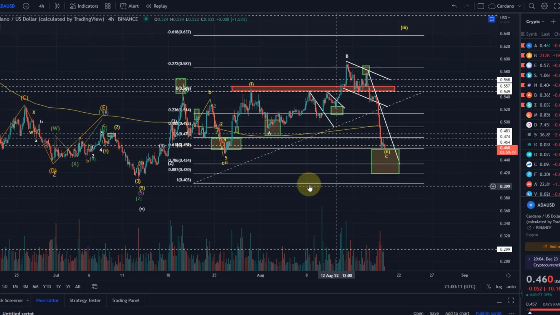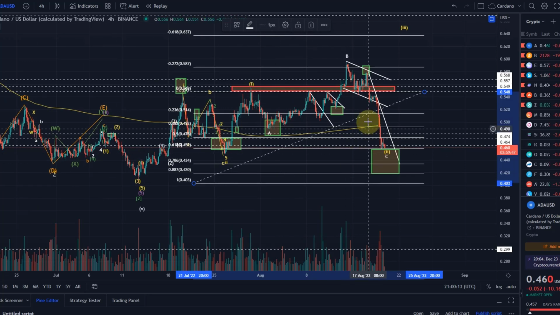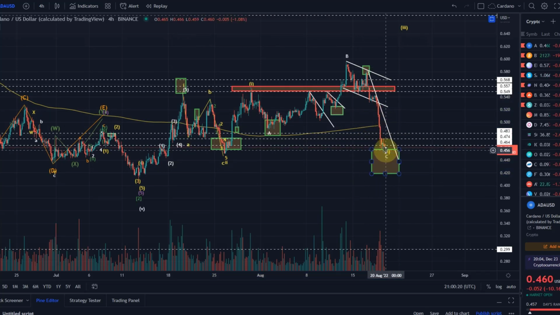But I also told you in the previous video, unless we go above the descending trend line here, we have absolutely no evidence at all that the low is already in. So we are currently going down lower.